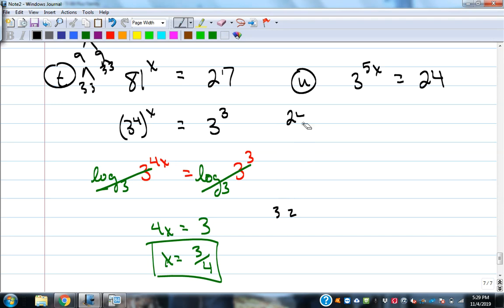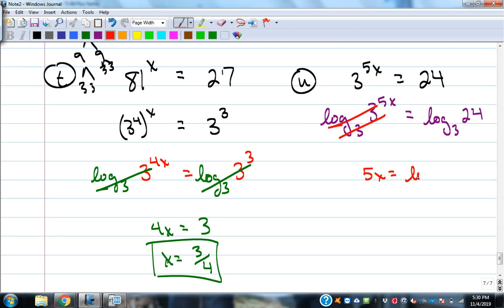The other way is to think about it and say, okay, this has a base 3. So in order to get rid of that base 3 and get the 5x out of the exponent, I've got to take the log base 3 of each side. And what happens is the log base 3 cancels out that base of 3. And I get 5x is equal to log base 3 of 24.